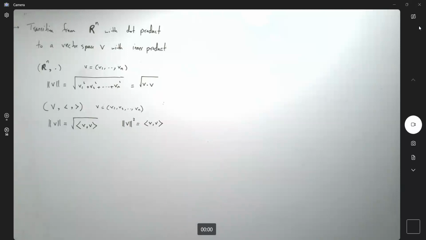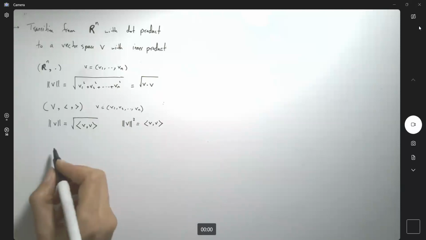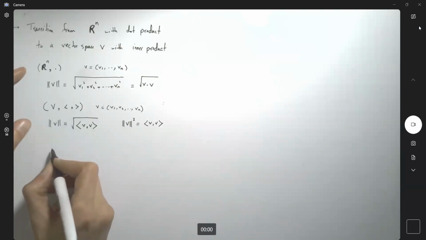Remember, we talked about the distance function as well. We said the distance is defined this way. So this is for the length.